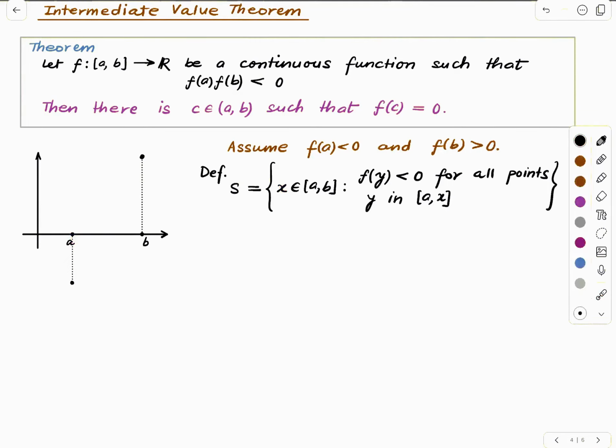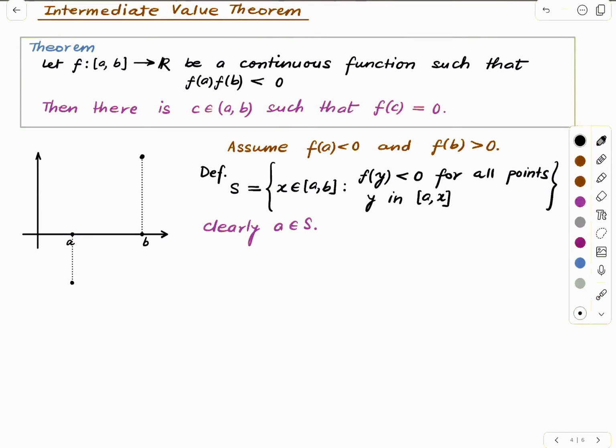Now it is clear that a lies in S simply because f of a is negative. But the continuity of the function says that something greater than a must also lie in the set S, because the function stays negative in an entire neighborhood around a.